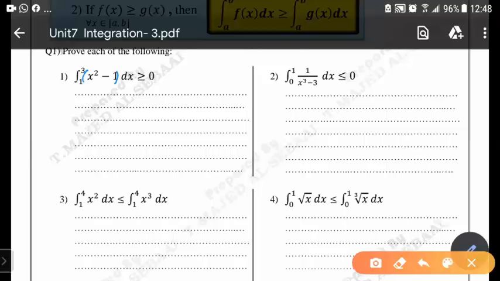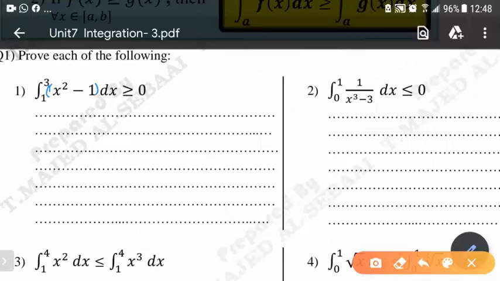How can I do that? Easy. It's really easy. I will start by saying x is less than or equal to 3 and more than or equal to 1, because x is between 1 and 3. I think that is clear, isn't it?